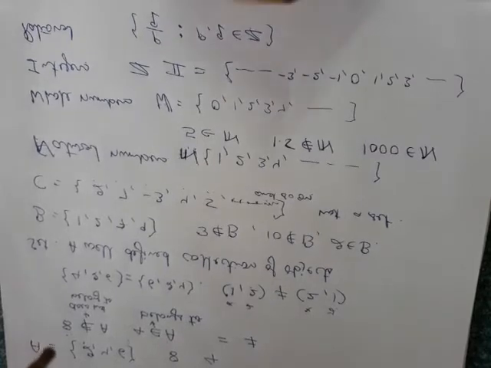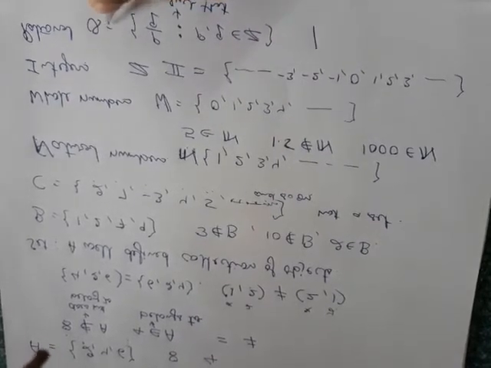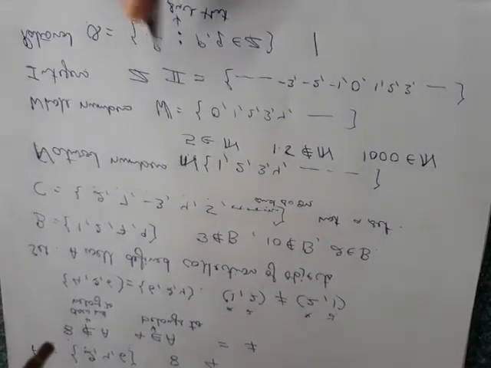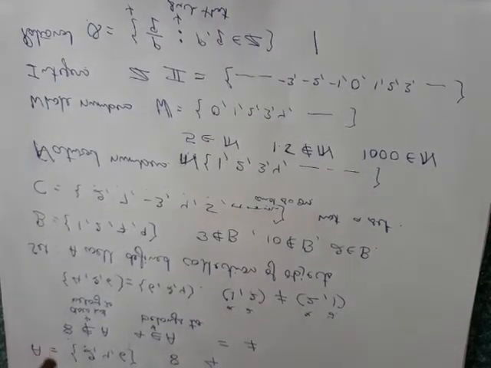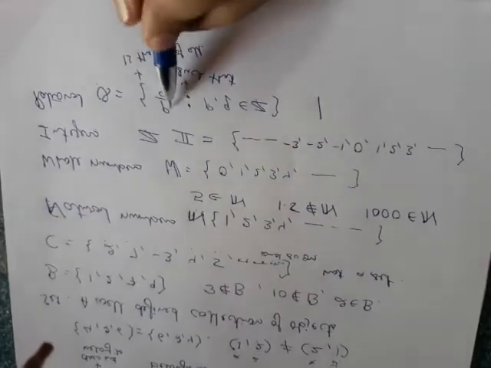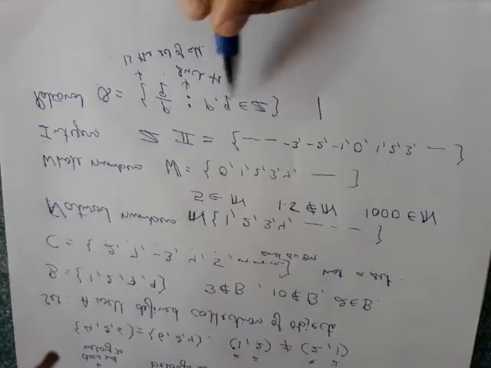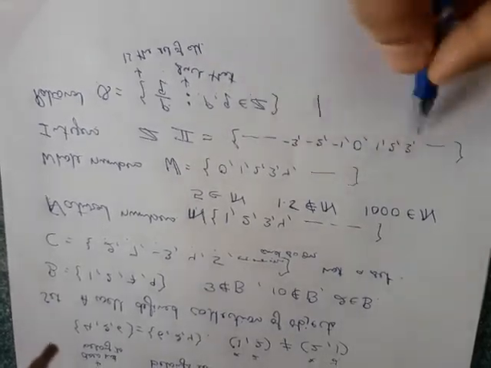Writing the dots like this, or we can also use a straight line like this, we read it as "such that". So Q is the set of all p by q such that p and q belong to Z. Means p and q are integers.